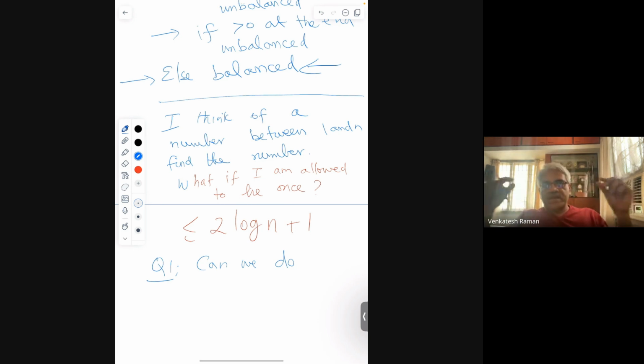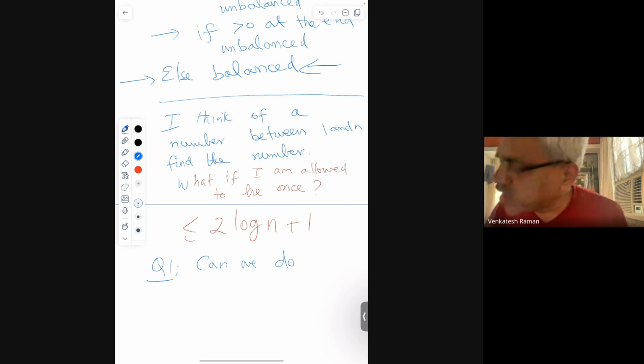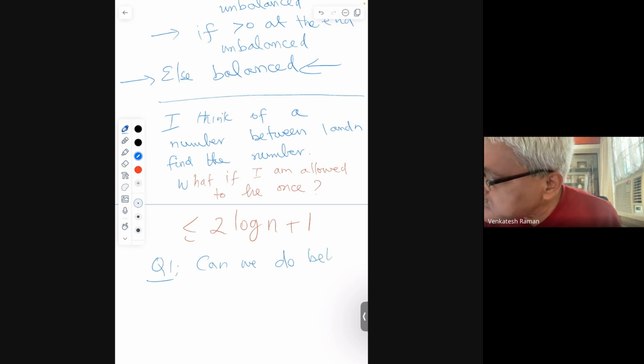Think of it as a binary encoding I have. There are log n bits, but suppose one of these is corrupted, what sort of redundancy do I need to add? So can we do better? This is the first question, and the answer is yes. There is a log n plus, I think, order log n solution.